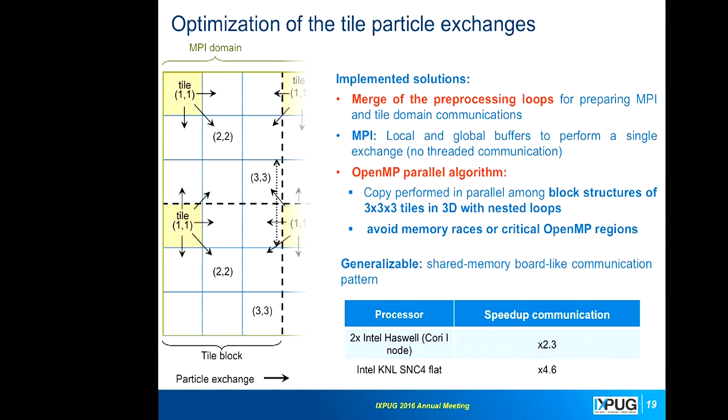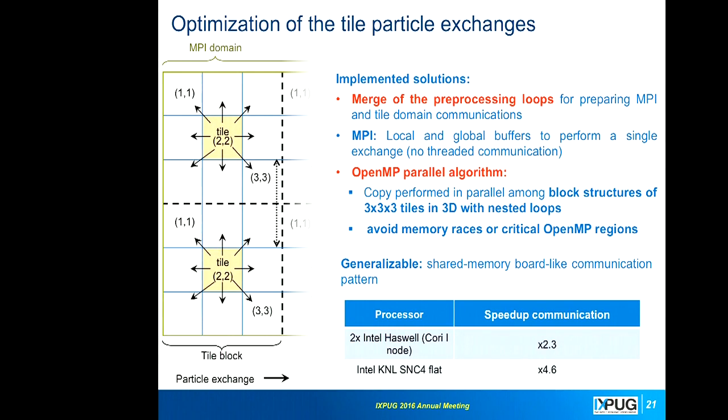So for instance, first we perform the communication for the first tile, then the second one, and so on until the last one, so that there are always 2 tiles between active ones, and we will never have any memory races during the communications. This enables a nice speedup for the communication: 2.3 on Haswell and around 4.6 on KNL.